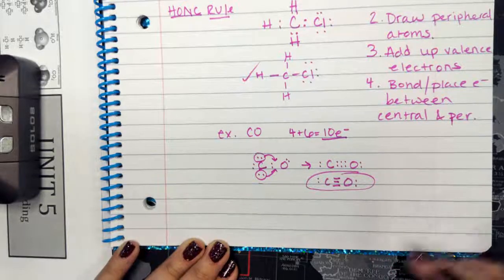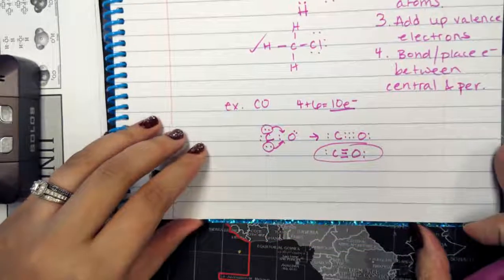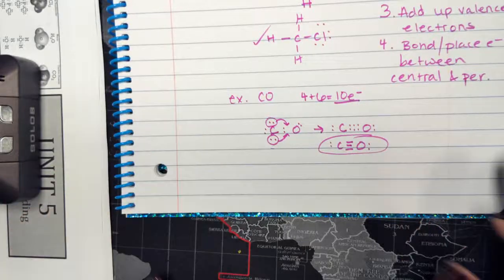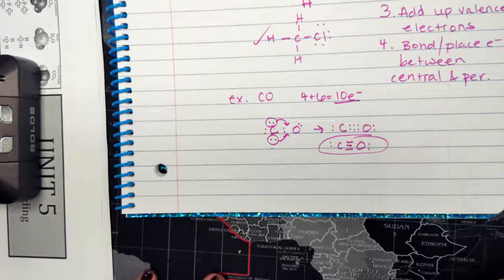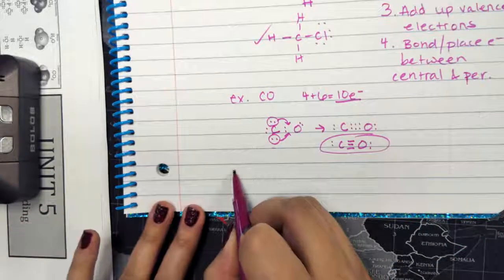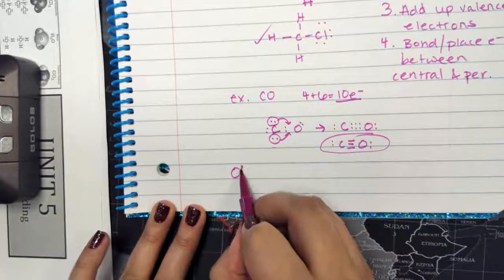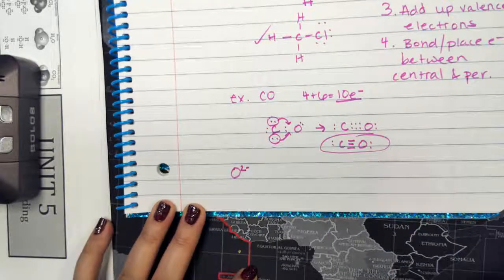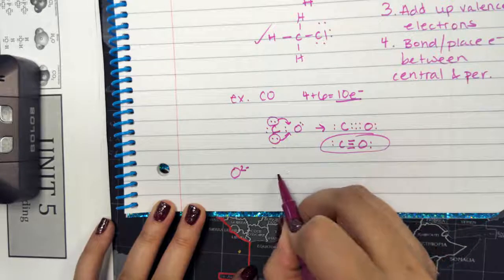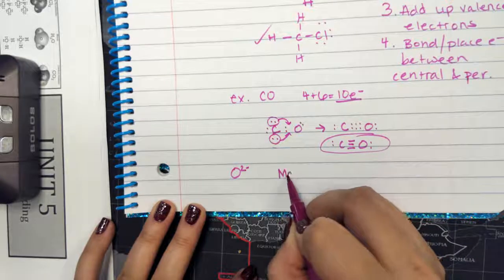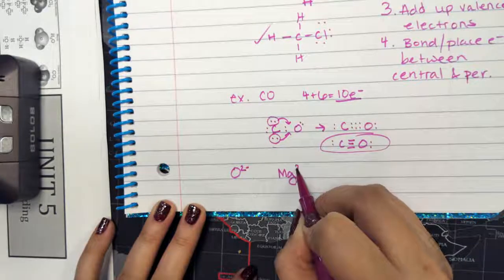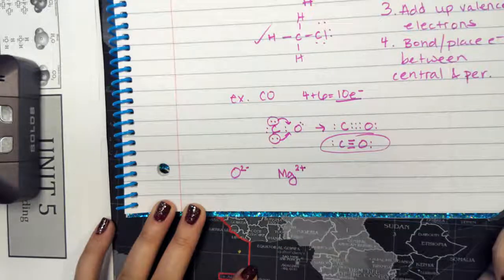Okay? And then lastly, yesterday we talked about ions. Remember ions, we are adding and subtracting electrons. So we have an ion oxygen 2 negative, which means we are adding 2 electrons. And then we had magnesium 2 plus, which means we are losing electrons. Okay?